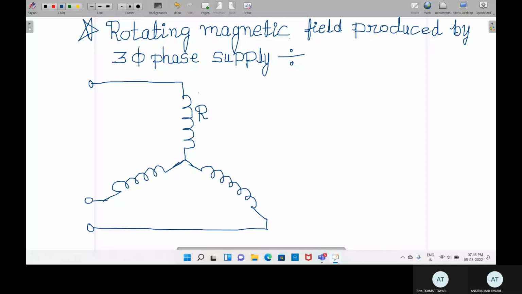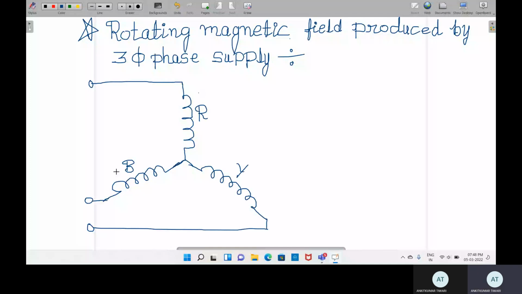Coil number one is denoted by R. Coil number two is denoted by Y. And coil number three is denoted by B, which are basically known as red, yellow, and blue. These are the standard denotations for the three-phase system, whether it is three-phase machines or a power system. These are the basic denotations used for all.